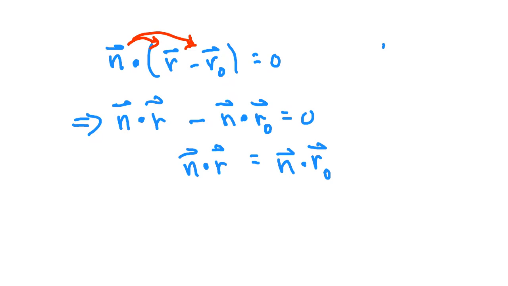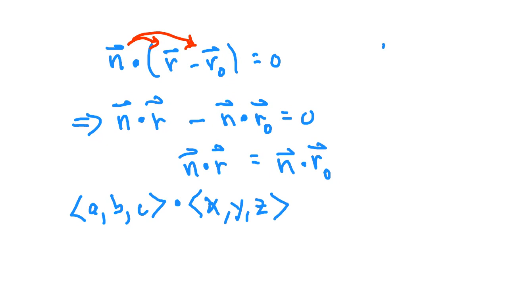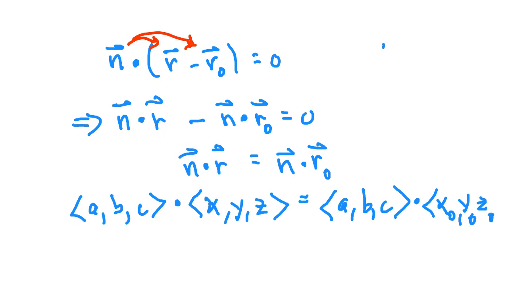Let me slow down a little bit here. Now the vector n has components, say, A, B, C. That orthogonal vector to the plane has components A, B, C. If you remember the figure, the vector r had components x, y, and z, and the vector r sub 0 had components x sub 0, y sub 0, and z sub 0.